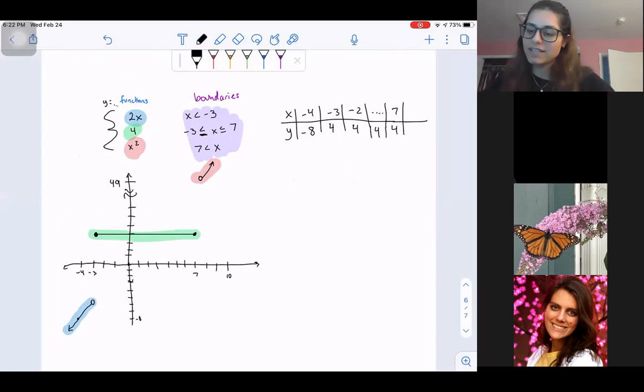So you have to look at, is it greater than or equal to, or is it just greater than? You have to look for that equal to. When it's equal to, or when you have that line, it's a closed circle. When you don't have that line underneath the alligator, it's an open circle. Okay, any questions about that?